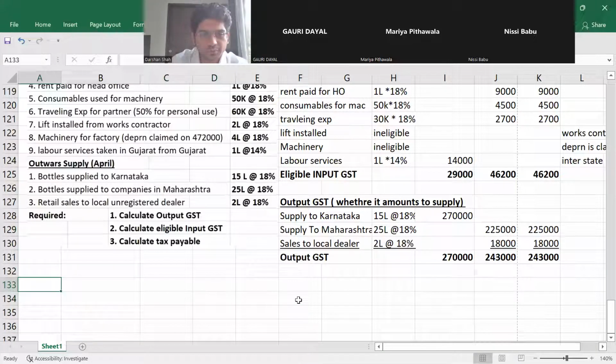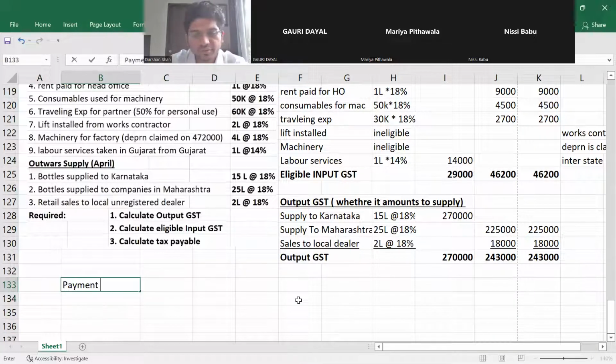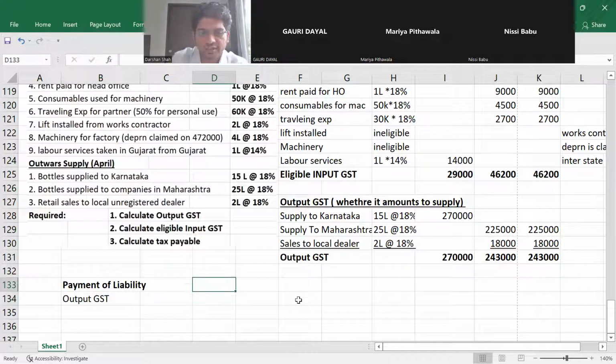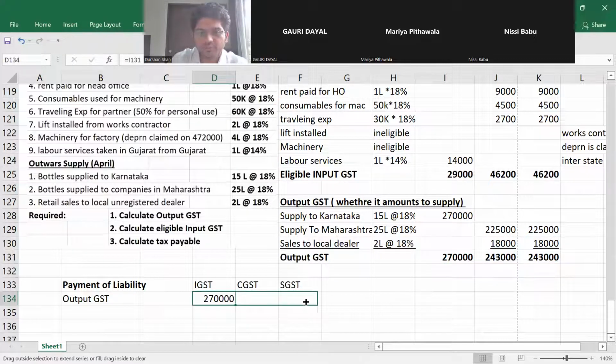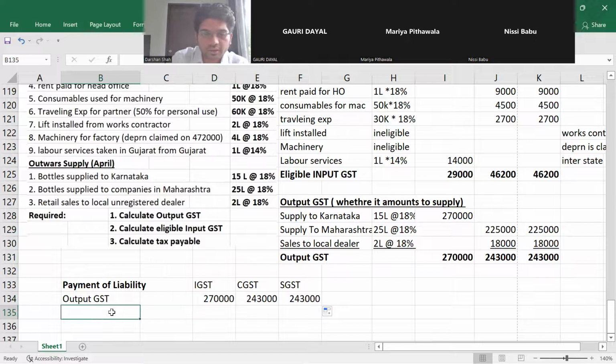So now I'll show payment of liability. Output GST we got as IGST, CGST, and SGST. So output GST is 2,70,000, 2,43,000, 2,43,000. Correct. Then I can take input GST and opening balance of input GST.